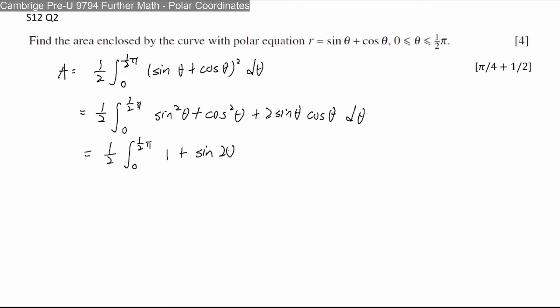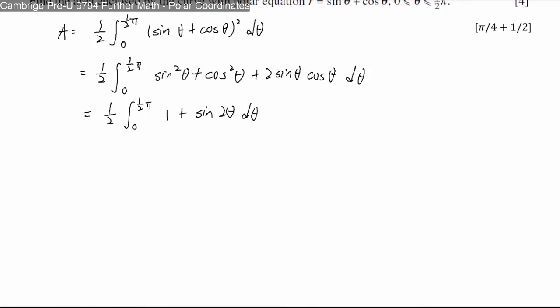By expressing it in the double angle, it will be much easier to integrate. The work after that is just the integration. After we integrate 1 we get theta, and when we integrate sine 2 theta, we get negative half cos 2 theta. So we have half pi and 0. Basically, we need to evaluate the values carefully.